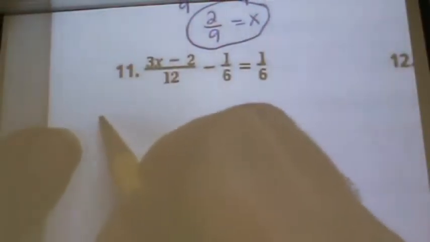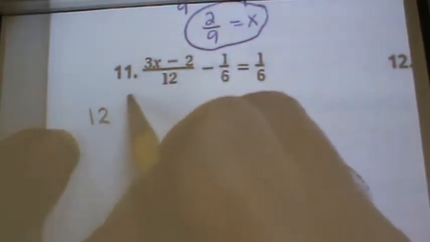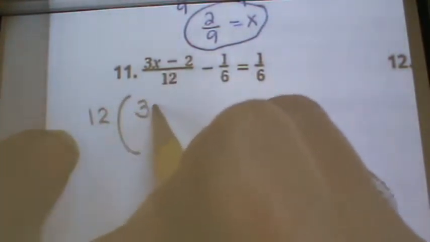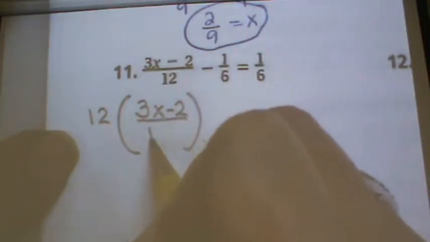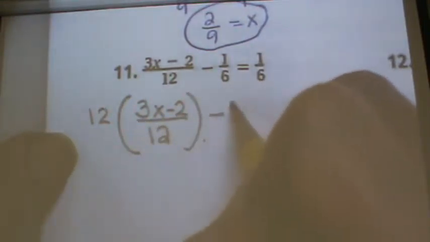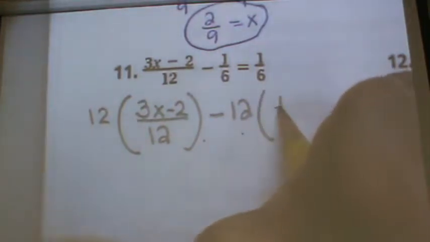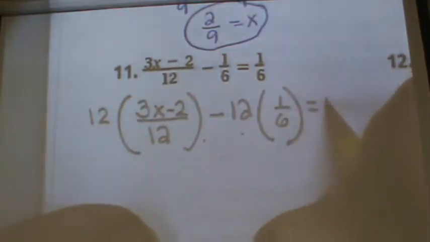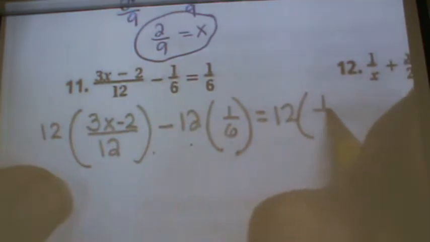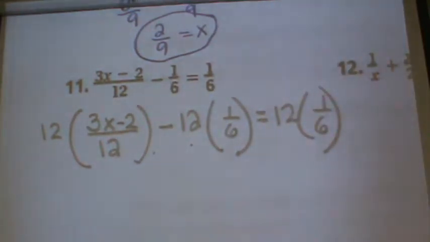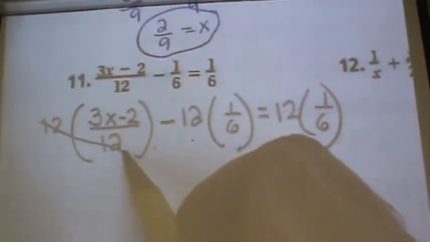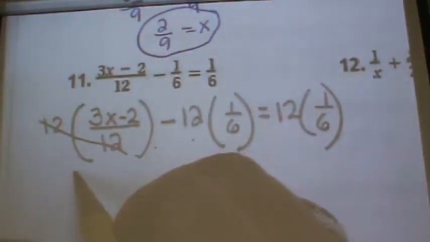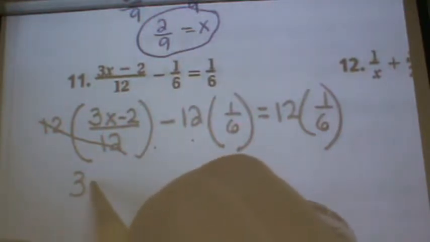Okay, number 11, can you tell me the common denominator? 12. The 12s cancel out. 6 goes into 12 twice.